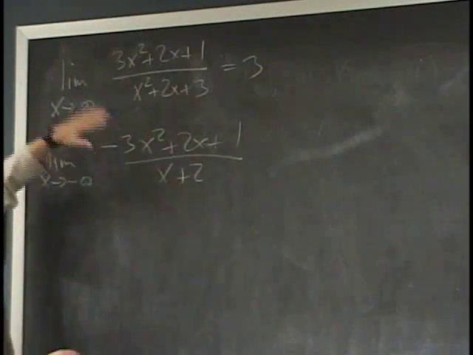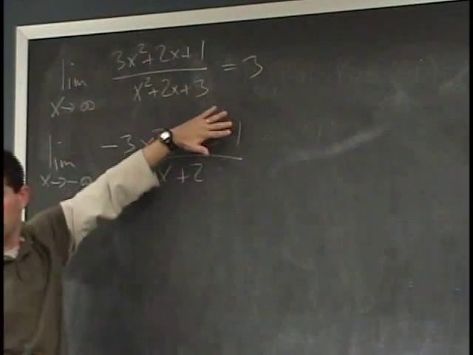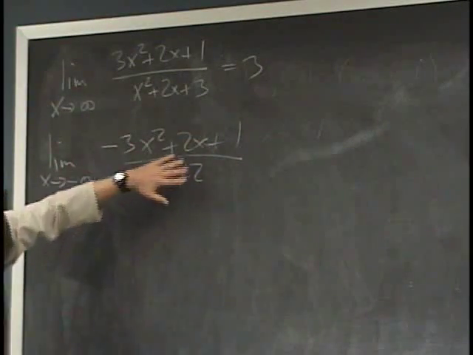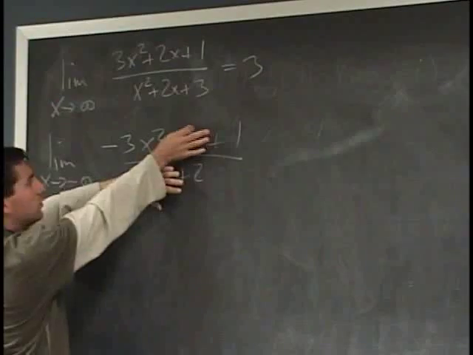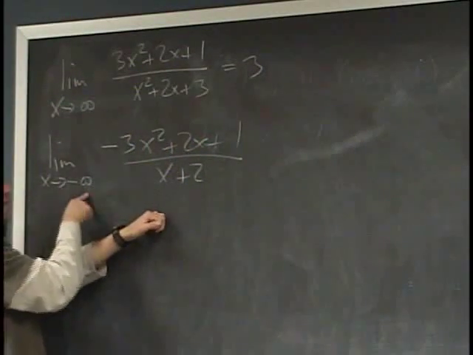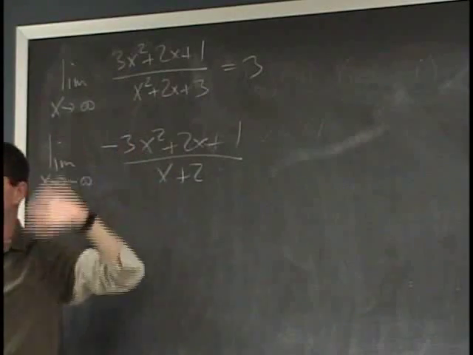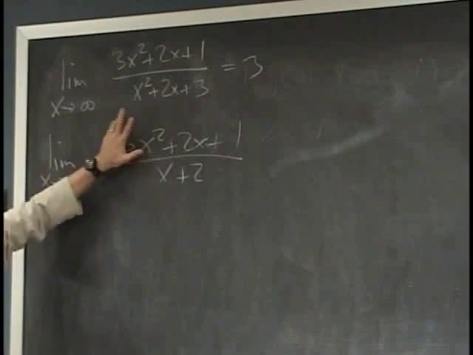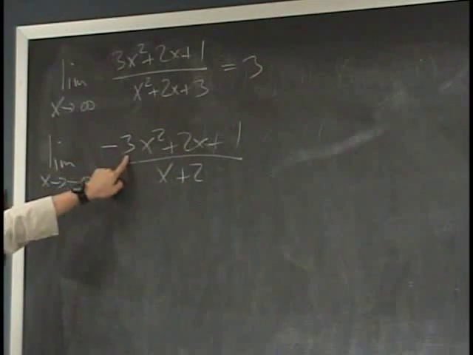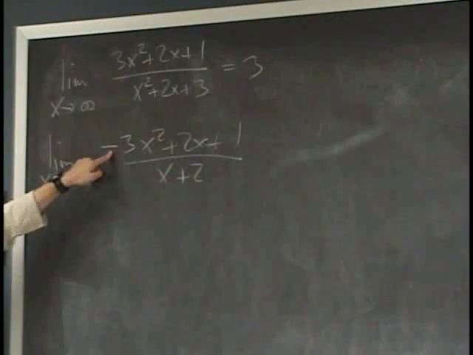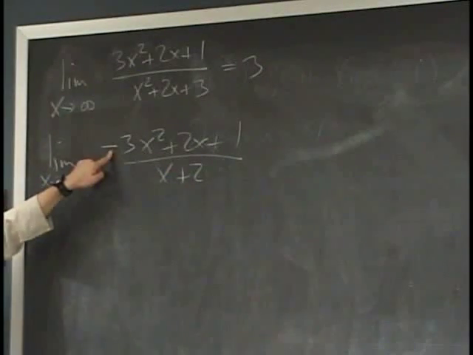So, up here, this 2x plus 1, you can cross that out. This x squared is much bigger than this x, right? So this x isn't going to matter. The only thing that's going to matter is this x squared. As x goes to minus infinity, well, when you square it, the minus doesn't matter. So this x squared goes to positive infinity. Then you multiply it by a 3, which doesn't matter. It still goes to infinity. But then you multiply it by a minus. So this will turn something going to infinity into something going to minus infinity.